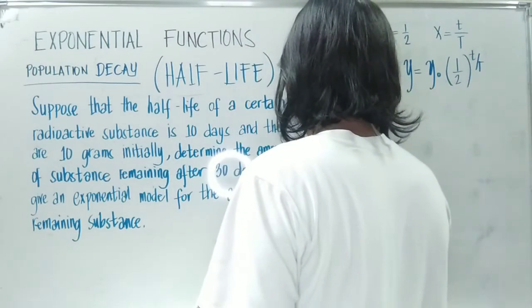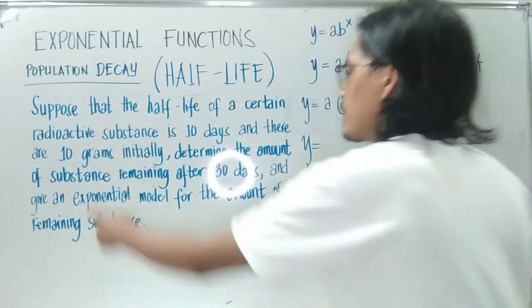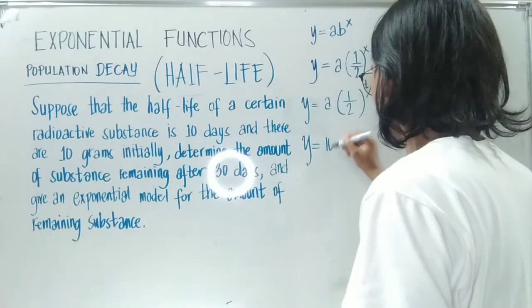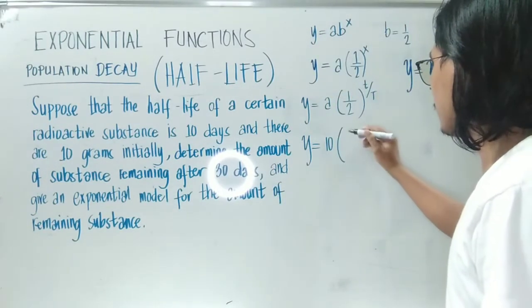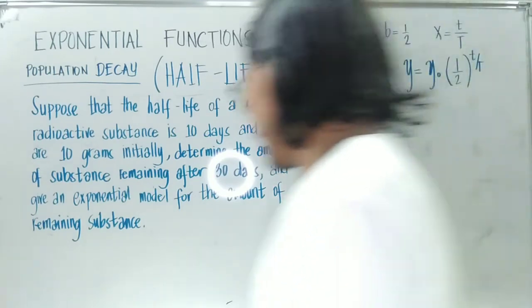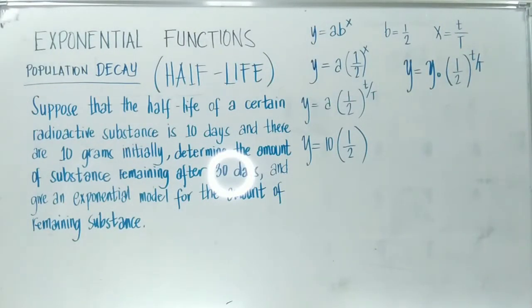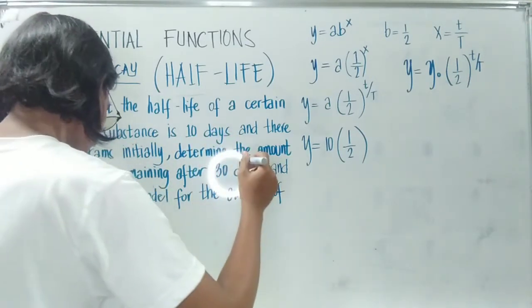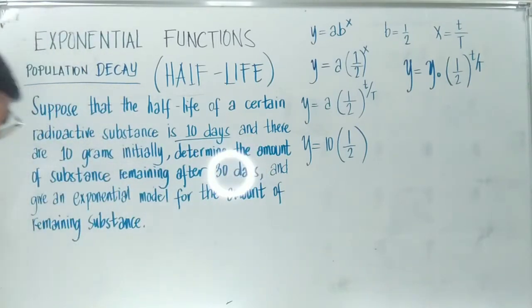So your initial value a is 10 grams. Then times 1/2. Then your small letter t denotes the time. And your capital T is this one.